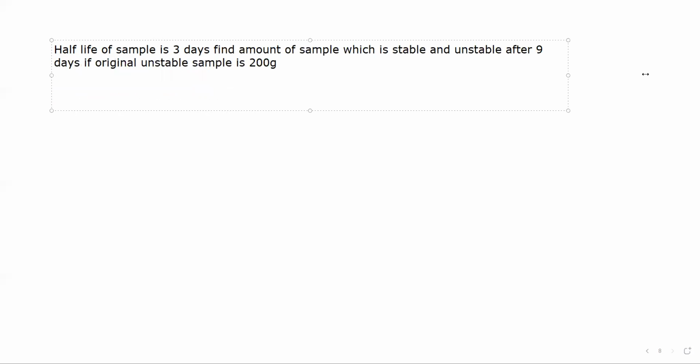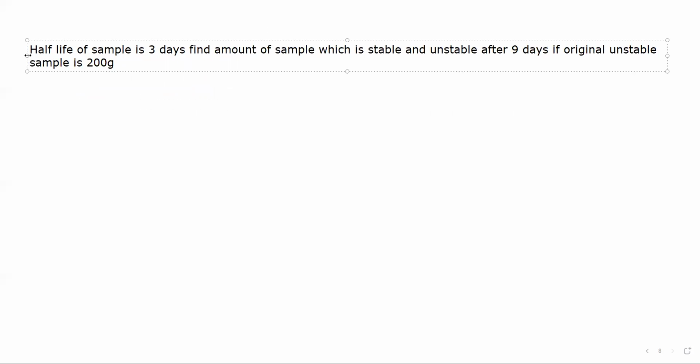Half-life of the sample is 3 days, meaning that after every 3 days, it will turn half of its original value. So originally we have 200 grams, which is unstable.